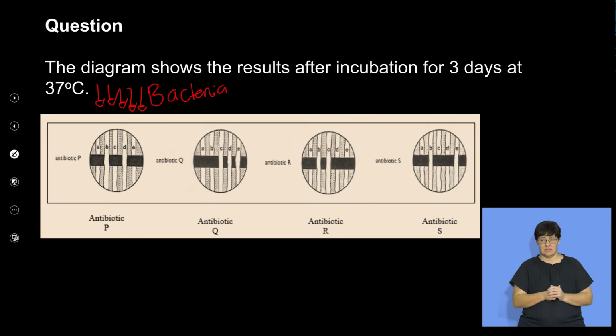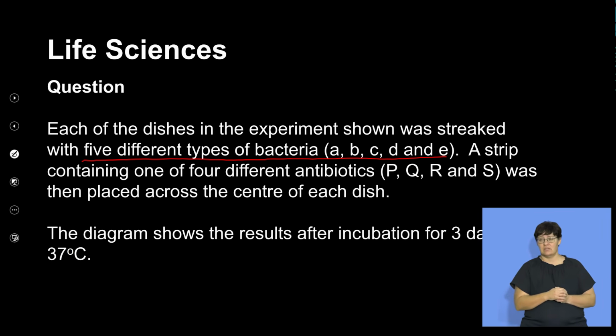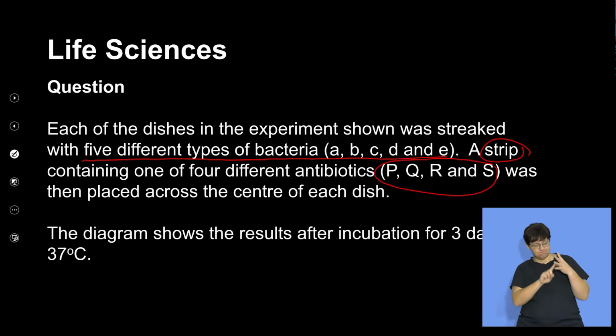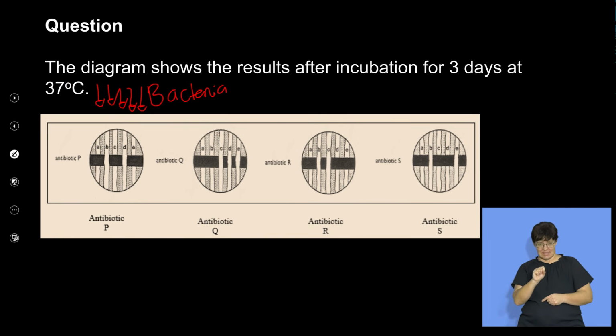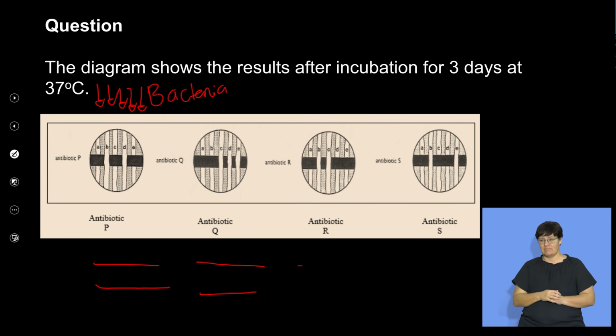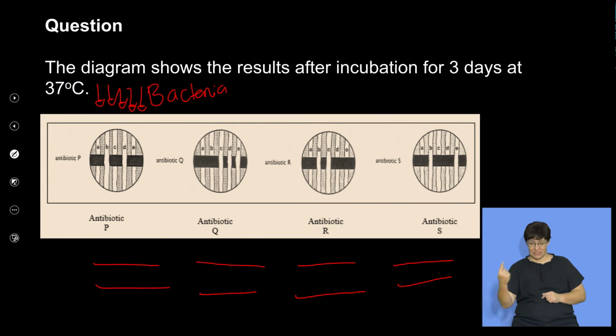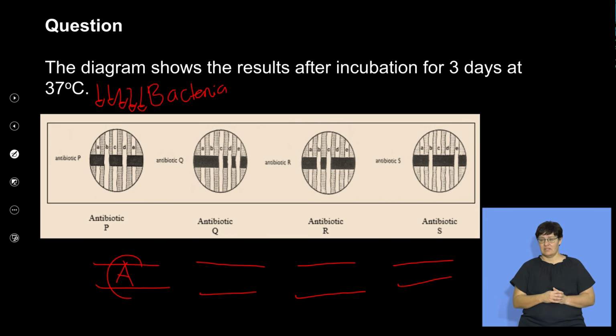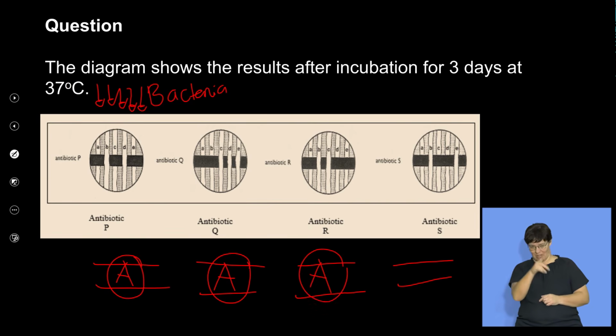Then what you have, let's go back, one strip containing 4 different antibiotics, P, Q, R, and S. So that strip that you see across here, I'm going to put here a big capital A, so that you know that that strip is A for antibiotic.